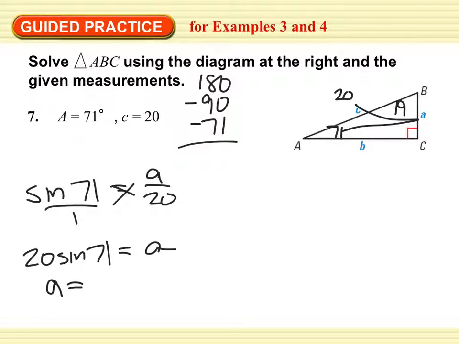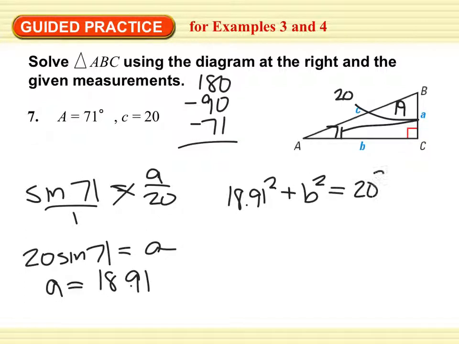A equals 18.91. So a squared plus b squared equals c squared, except we know what c is. Go ahead and solve that equation. I get b squared equals 42.40.